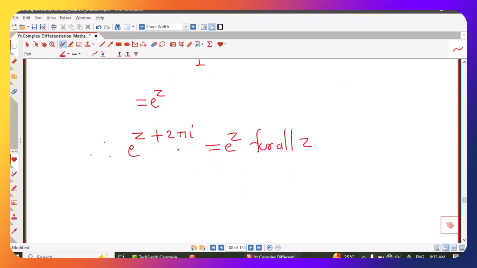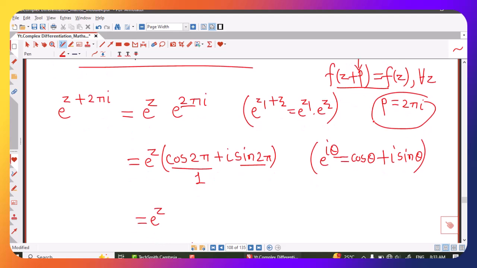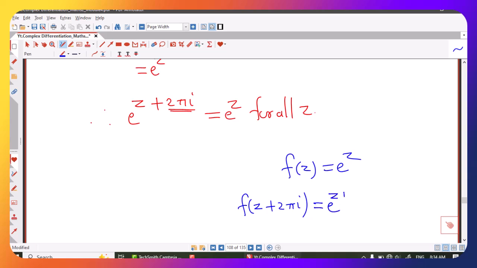Therefore we can say that we have a constant 2 pi I such that this property is satisfied, f of z plus p equal to f of z. If you are not clear directly, then you can consider f of z equal to e raised to z, and what we have shown, f of z plus 2 pi I, that is e raised to z plus 2 pi I, because f of z is e raised to z, and this we have shown is equal to e raised to z, and that is nothing but f of z.